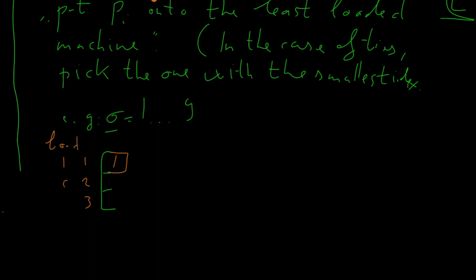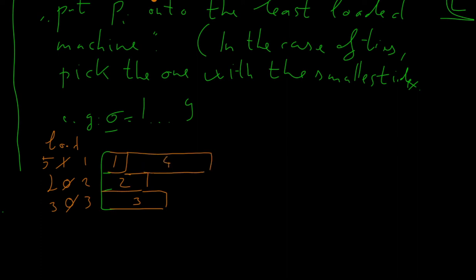So here we have a load of 1, a load of 0, and a load of 0. When the next job arrives, this machine has the least index amongst those having the least load, so it will have a load of 2 from now on. Now 3 is the unique minimum, so I will just put the 3 here. Okay, 4 comes to the first machine and the total load will be 5, because at this point the load of the first machine is the minimum. And now at this point comes the 5. That's great.